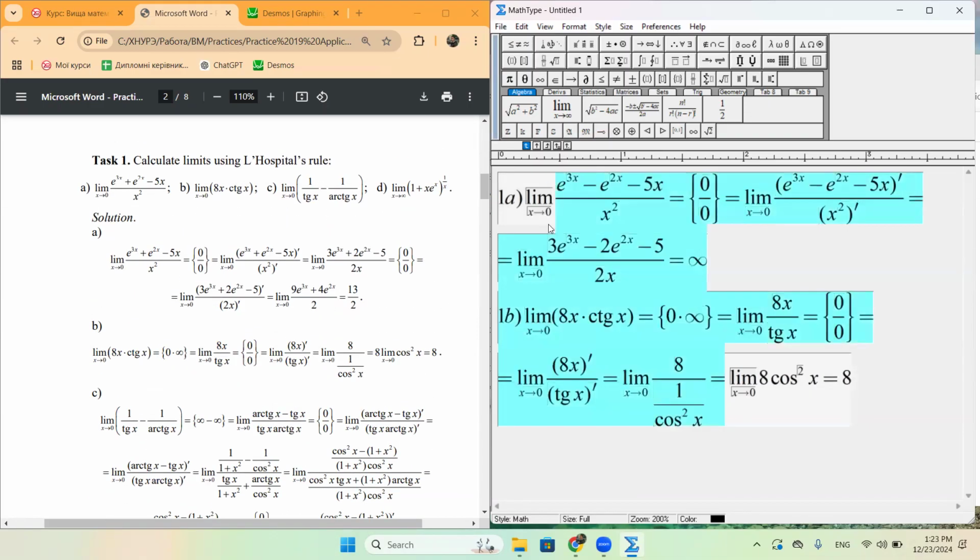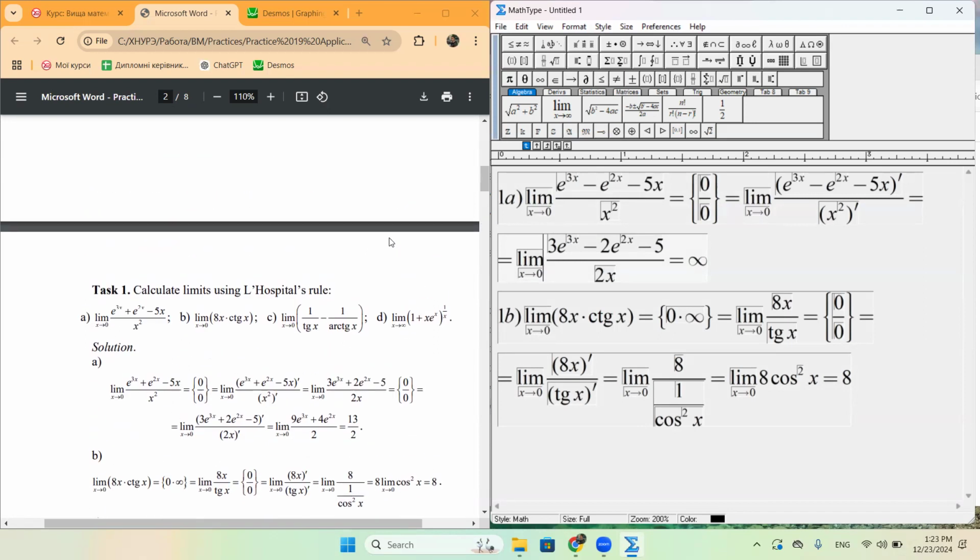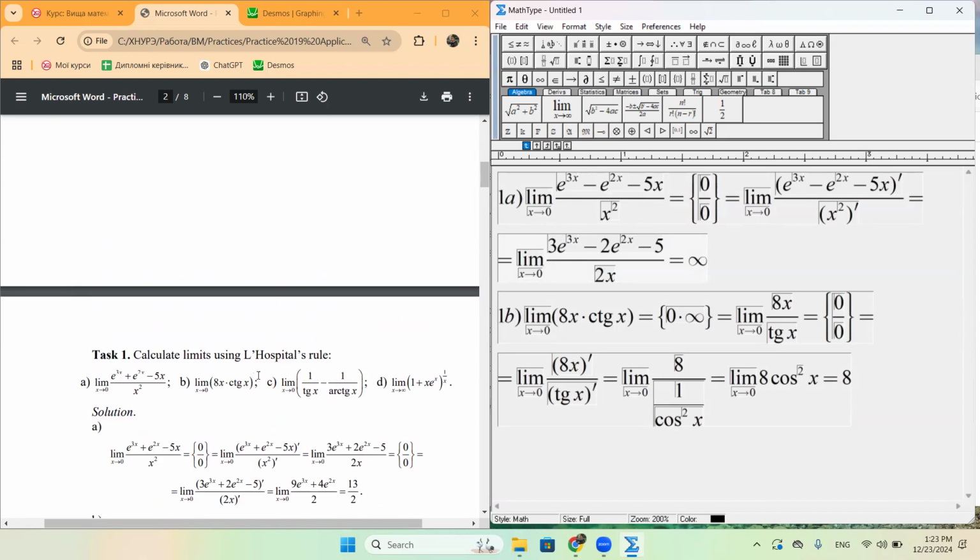It will be a little bit large. Yeah, Mikola, question? I have a question about the answer to the first one. Limit approaching 0, 3e to the power of 3x, and so on. How do we get infinity?